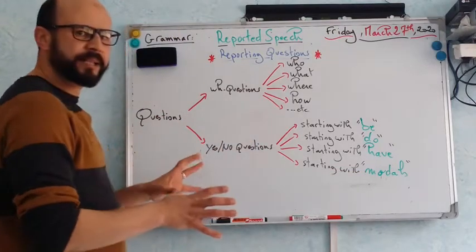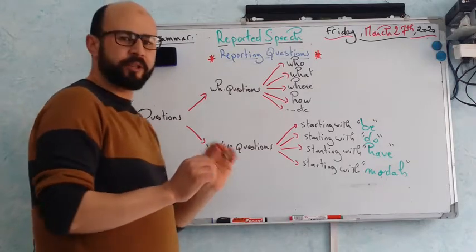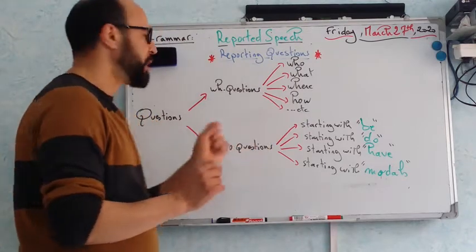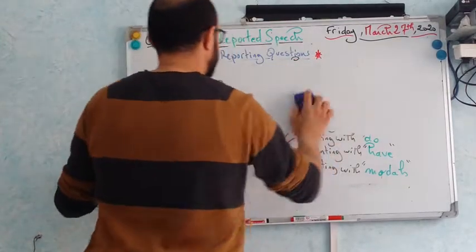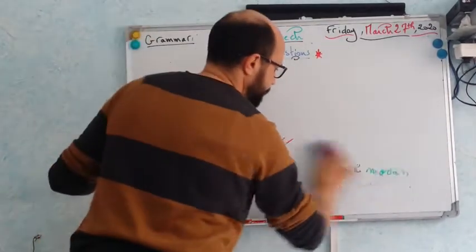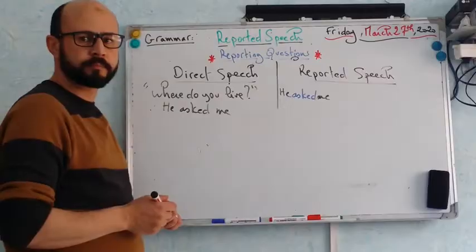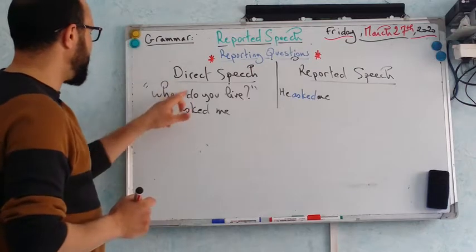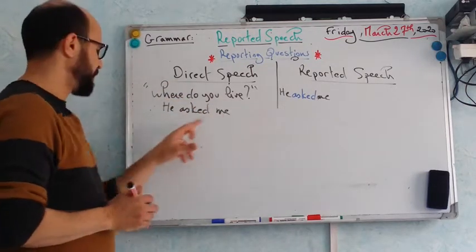Before we start dealing with the questions, I need to make sure you understand a very important point in reporting questions. So let's see this example first. We have this question: where do you live?